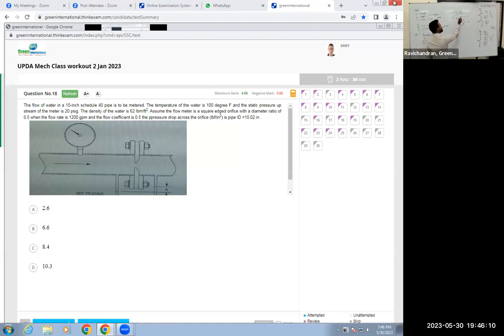The first section and second section are on the same line. So can I neglect, Z1 is equal to Z2? Okay. So we can write P1 minus P2 by rho g plus V1 square minus V2 square by 2g equal to 0.